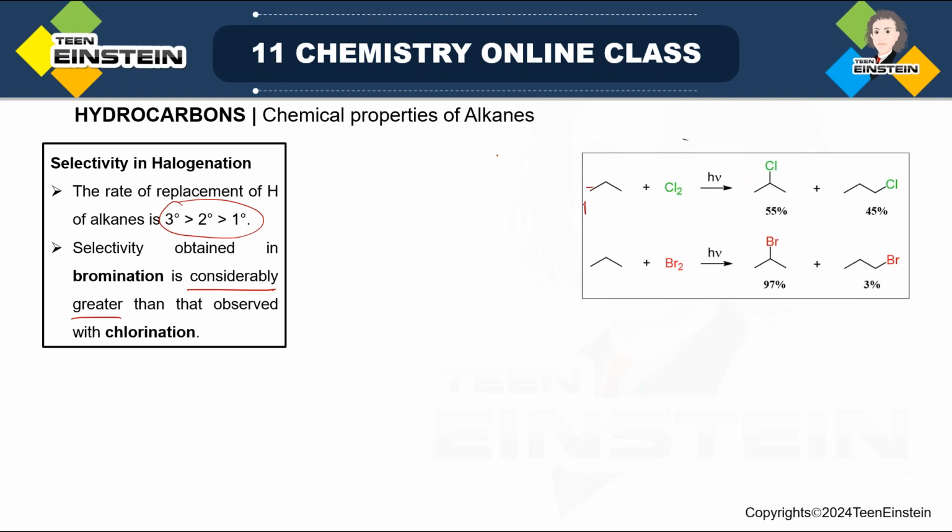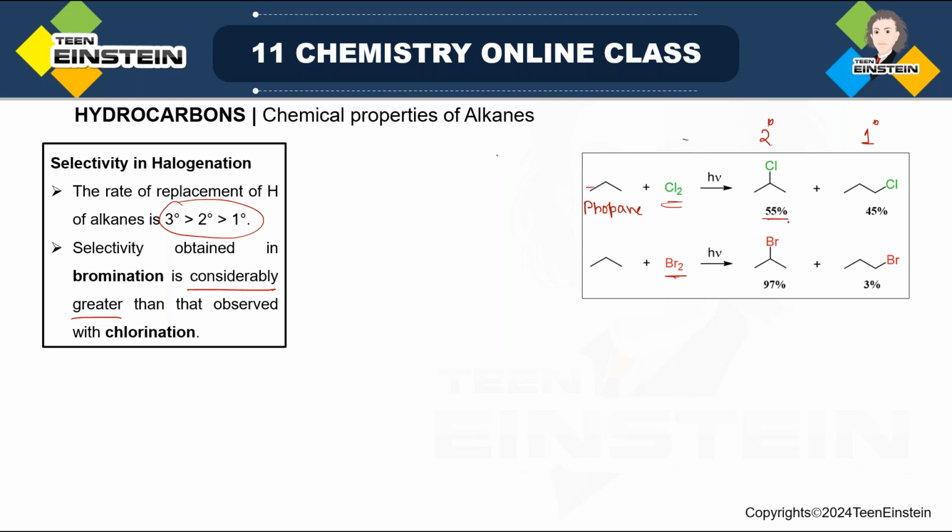Here we have taken propane and we are treating it with chlorine, and also the second reaction again we have taken propane, but now instead of chlorine we have taken bromine. Now see, this is the first product where 2 degree hydrogen is replaced, and this is the product where 1 degree hydrogen is replaced by the halogen.